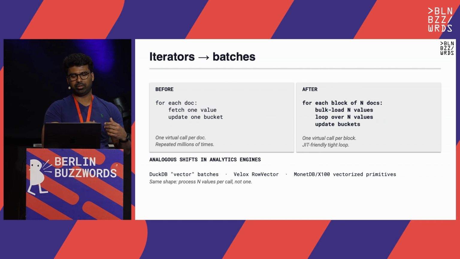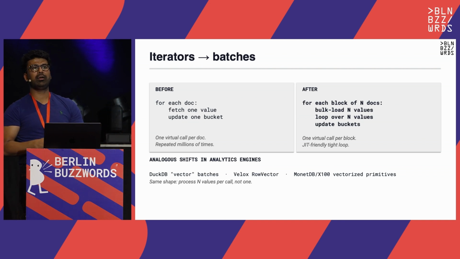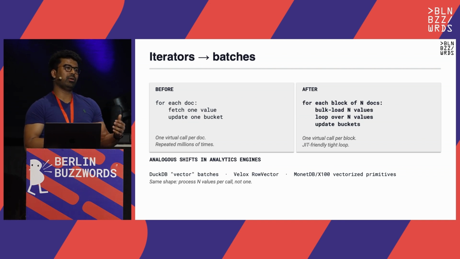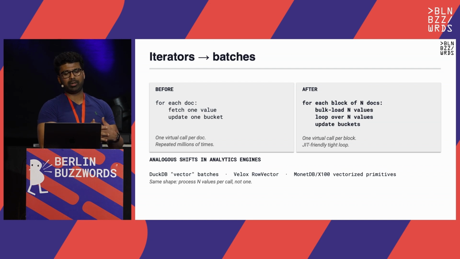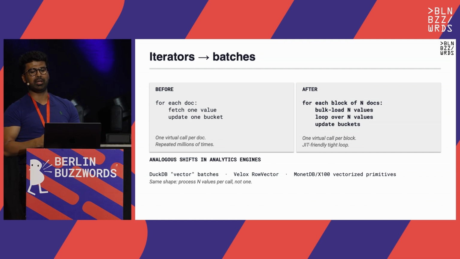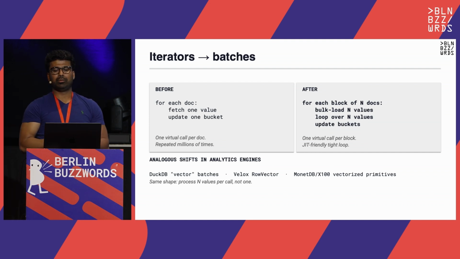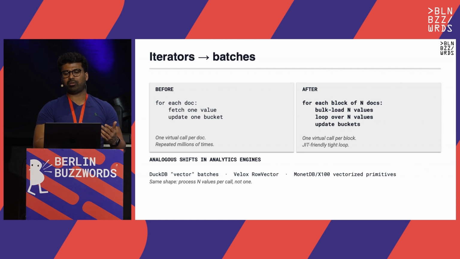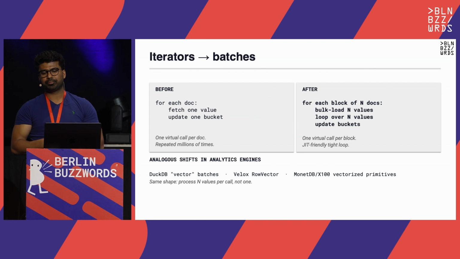Actually it's many, because multiple of these calls are virtual. And it has been abstracted and implemented so many times in Lucene and OpenSearch that there are more than 50 implementations of the same APIs, right? Because of that, JIT is not able to inline, and there is no opportunity for auto vectorization.